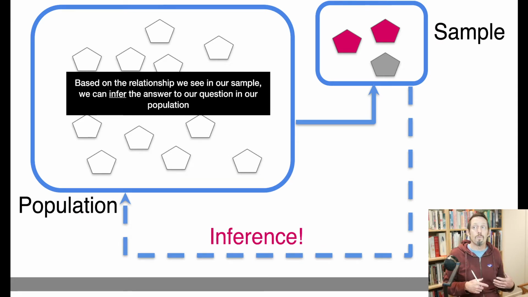What we do is we take a sample from our population, and if we get the right kind of sample, then we can infer the answer to our question in the real population. If this sample is representative of the population as a whole, then the things that we find to be true in this small sample should hold true in the bigger population.